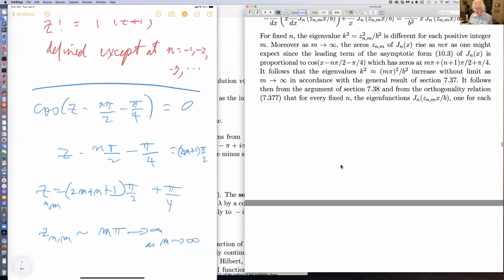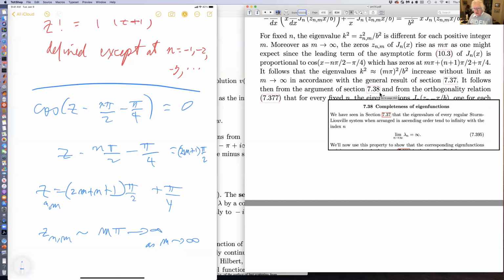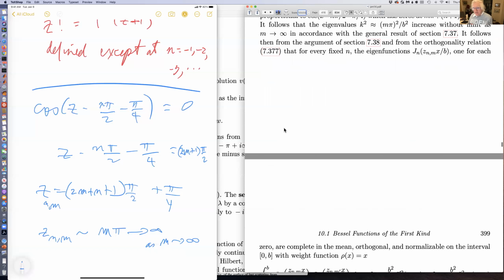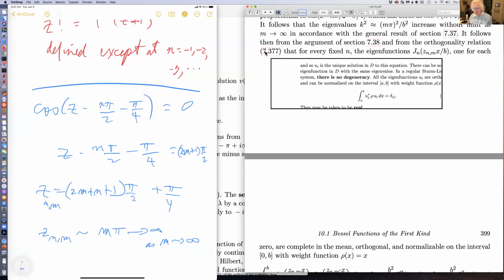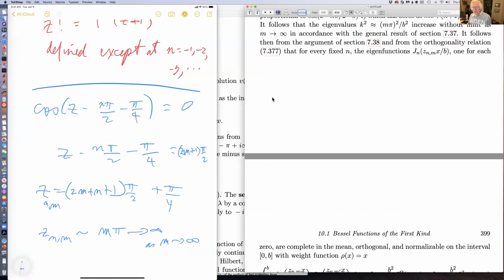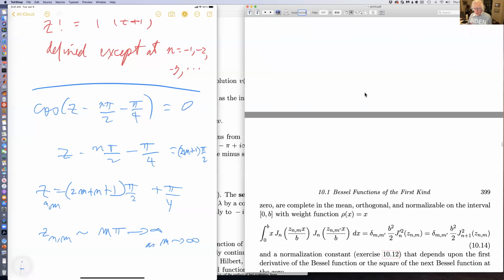And so then if you go back to section 3.38 of chapter 7 and recall the orthogonality relation, this is the orthogonality relation, actually, that the weight function is rho, Jn, and for 1m, and so these are different eigenvalues. n represents the system.